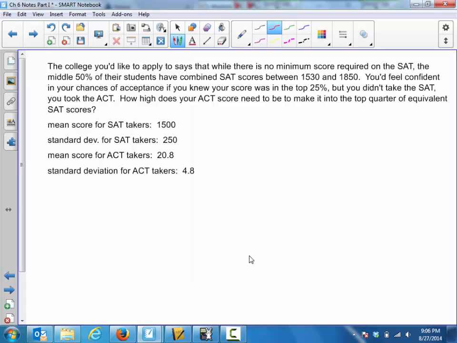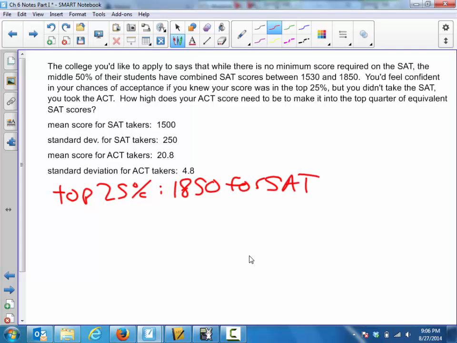So we want to know, you've taken the ACT. Let's see what you'd have to get on the SAT to make the top 25% for all high school SAT takers. All right, so we know top 25% is at the 1850 mark for the SAT. Okay, so we're going to use a z-score here.